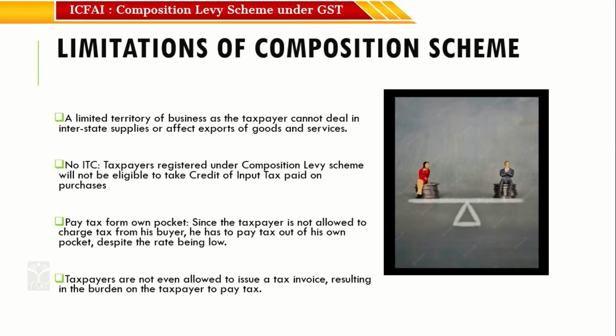Because over here, please note, which is very important, if a supplier has opted for composition levy, in that case the supplier cannot collect any kind of GST from the recipient. Taxpayers are not even allowed to issue tax invoices; rather, the bill of supply is to be issued by the taxpayer.